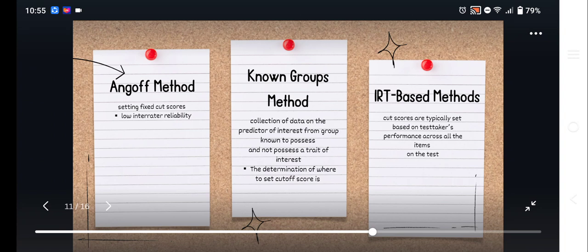Okay? In order to pass, the test taker must answer the items that are deemed to be above some minimum level of difficulty, which is determined by experts and serves as the cut score. Okay?